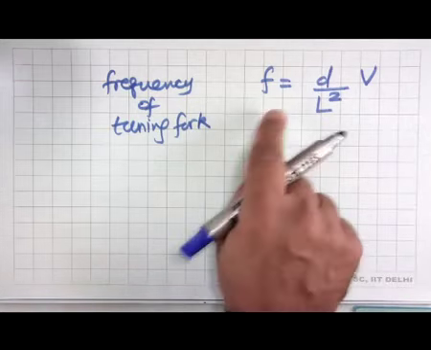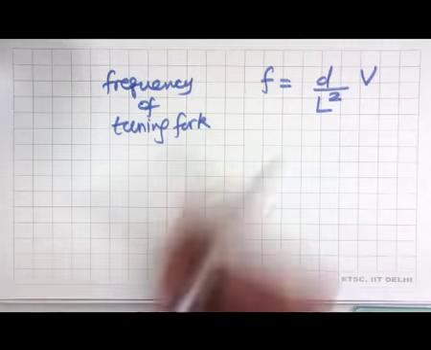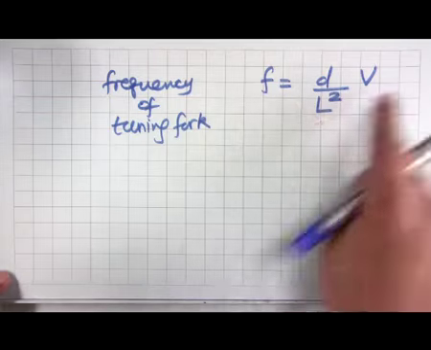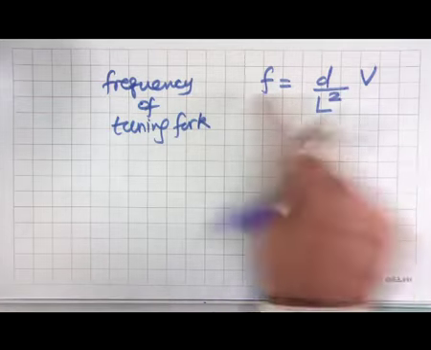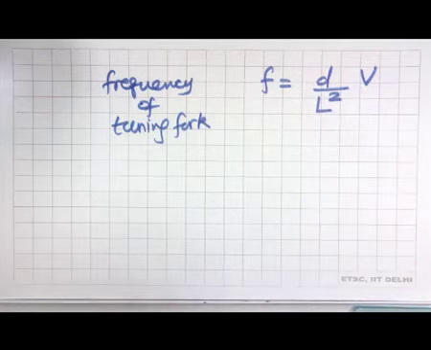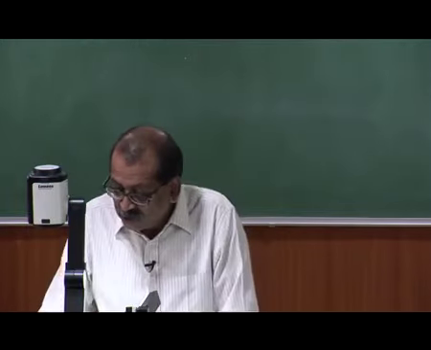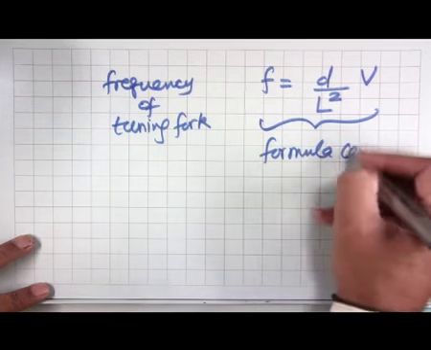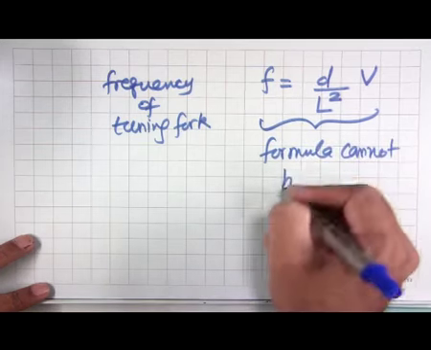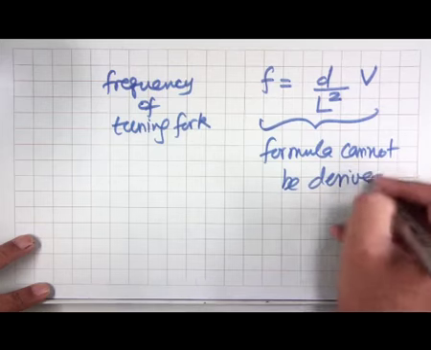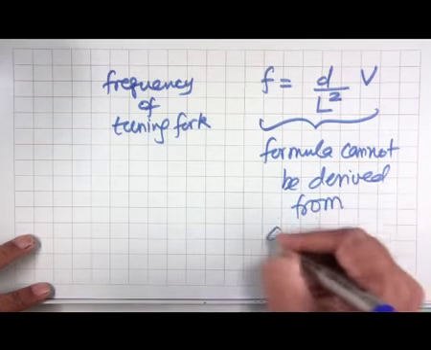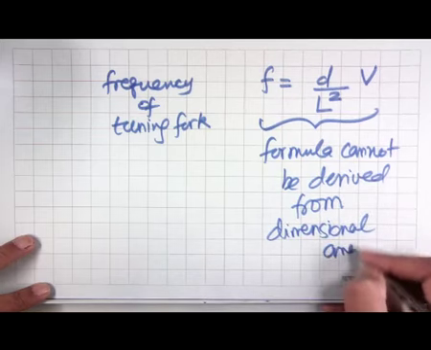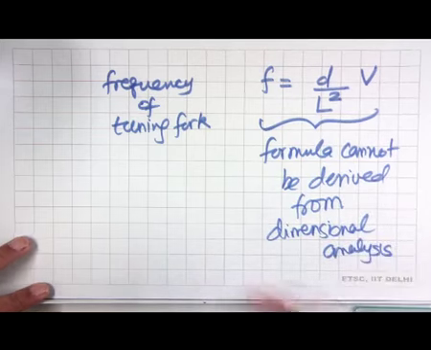And here, the reason why dimensional analysis cannot be used to predict this is that there are only 2 basic variables, L and T, in this. So that means at most 3 quantities, we could have derived this formula. So this formula cannot be derived from dimensional analysis. We should not go by just blindly counting the number of variables.